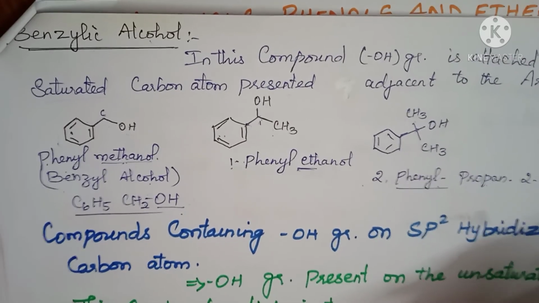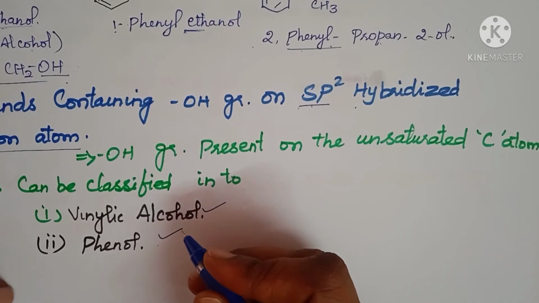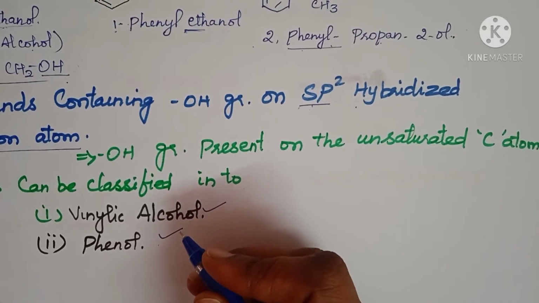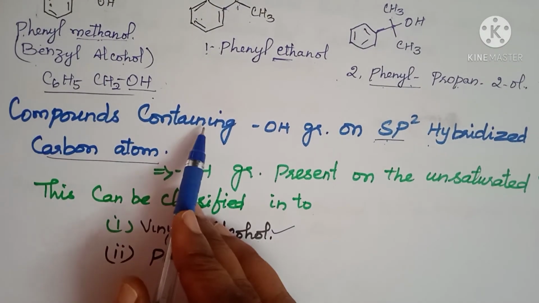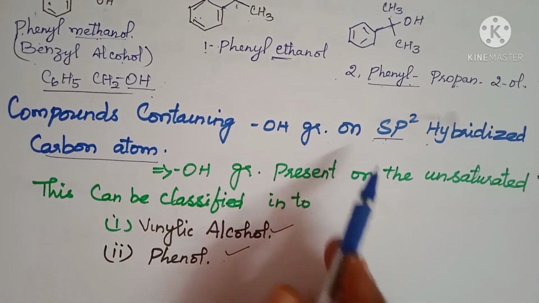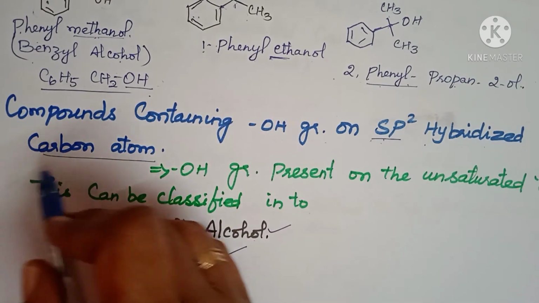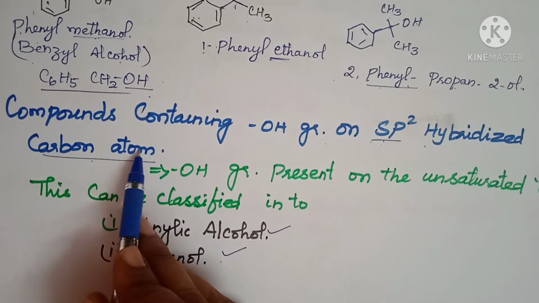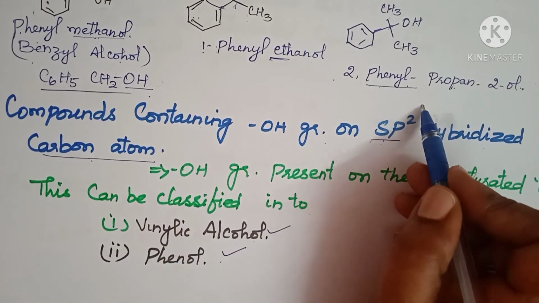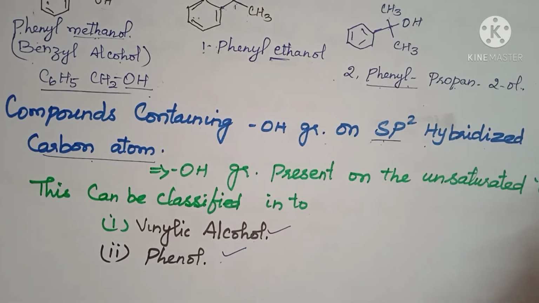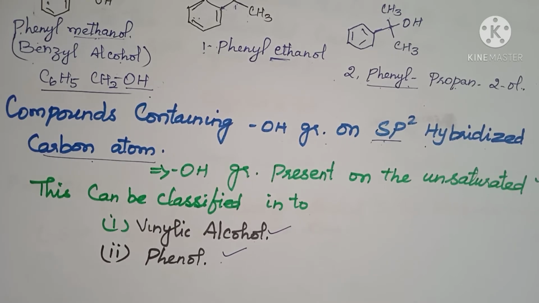Next one. Compounds containing the OH group on an sp2 hybridized carbon atom. So far we have seen sp3 hybridized carbon atoms, which belong to primary, secondary, tertiary alcohols. Second one, what is it? Allylic alcohol. Third one, what is it?